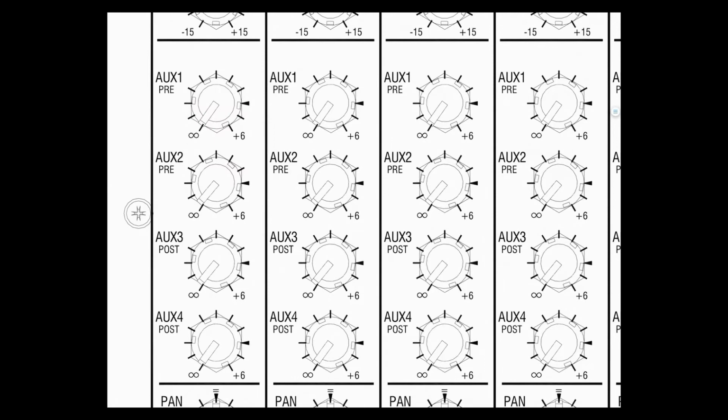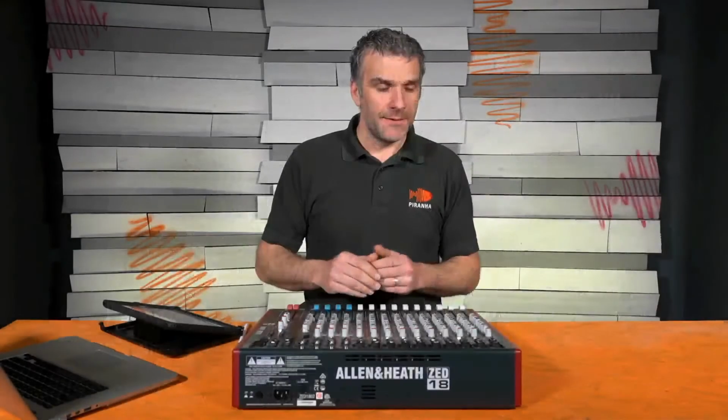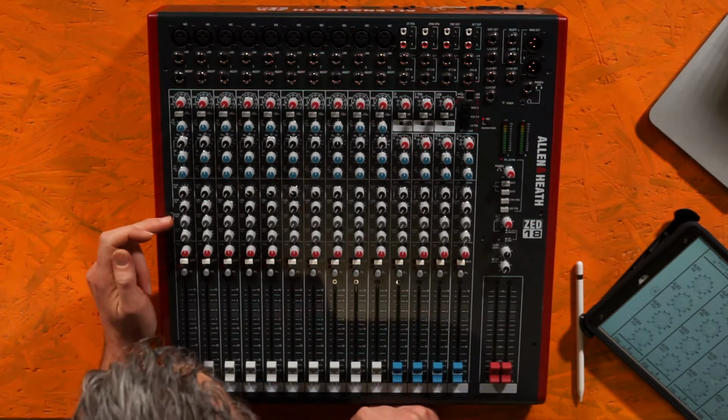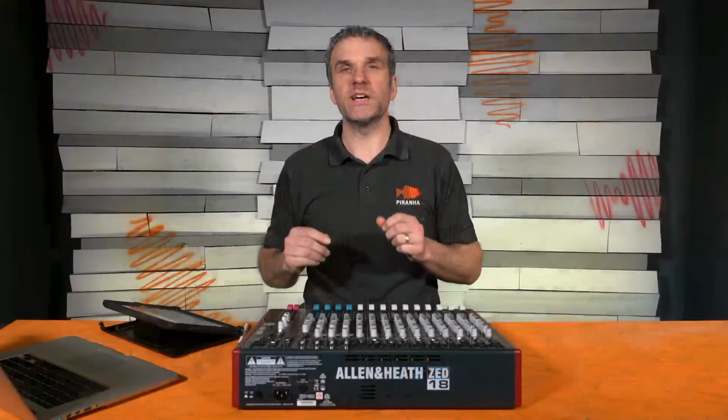So we've got 2 different types of auxiliary send, and those are defined as either a pre-fade aux send or a post-fader aux send. Now that might sound a bit techy, but basically on this desk, aux 1 and aux 2 are always pre-fade, and aux 3 and aux 4 are always post-fade.